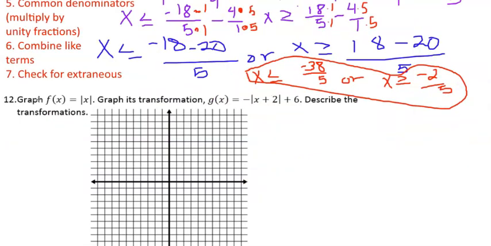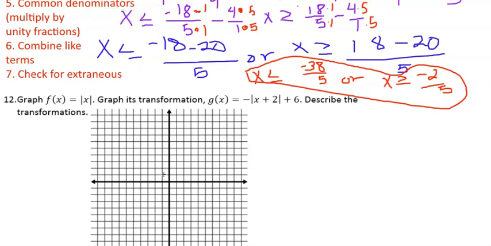Number 12. Graph f of x equals the absolute value of x. Graph its transformation, g of x equals negative absolute value of x plus 2 plus 6. Describe the transformations.